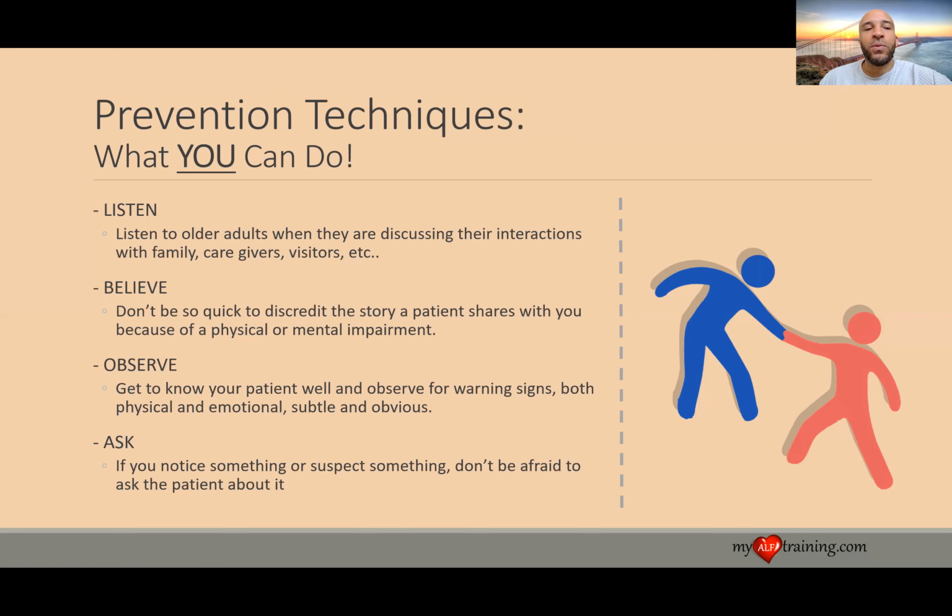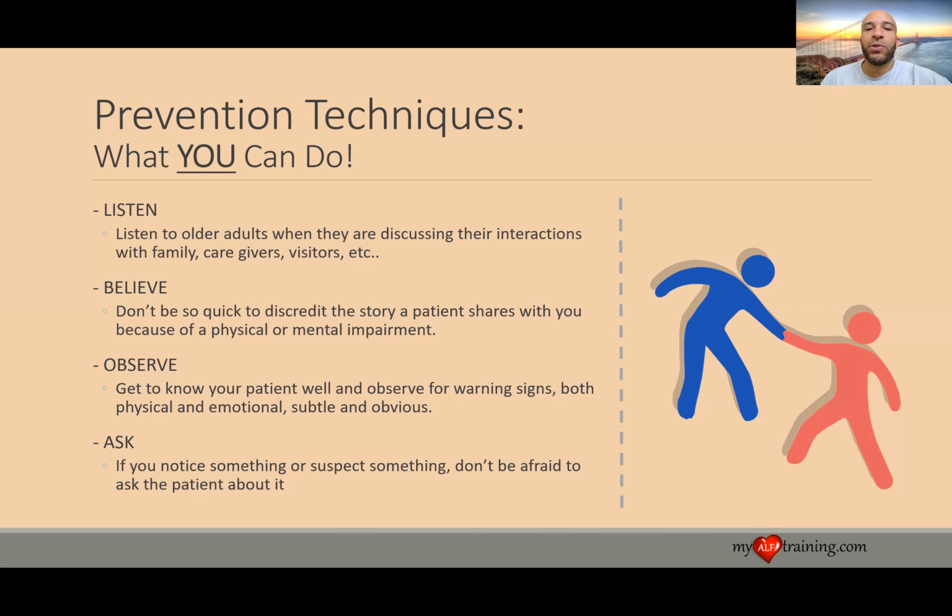And sometimes, as a caregiver, we don't have the time to sit and listen to everything they have to say. But if you found that your patient is at a higher risk, more vulnerable, or you have some suspicion that they may be being abused, then you want to make sure you take that extra time to listen to everything they have to say.